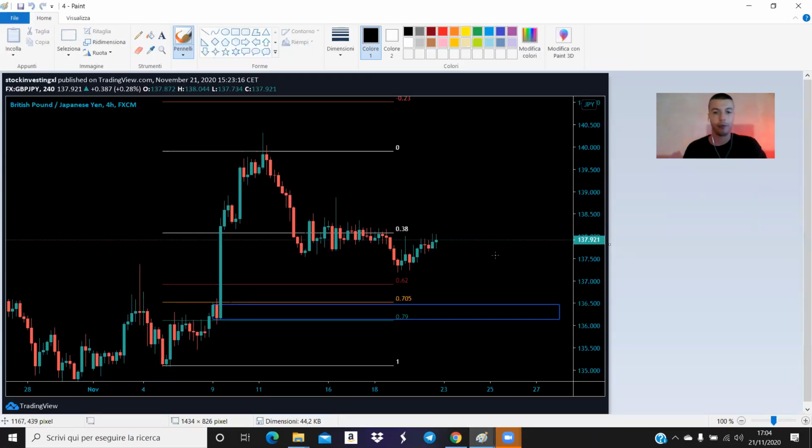Here, GBP JPY, first example of a demand area together with Fibonaccis. Just trust me. In a minute, I will show you how to draw the supply and demand areas, and later I will show you how to combine it with the Fibonaccis, and everything will make sense.